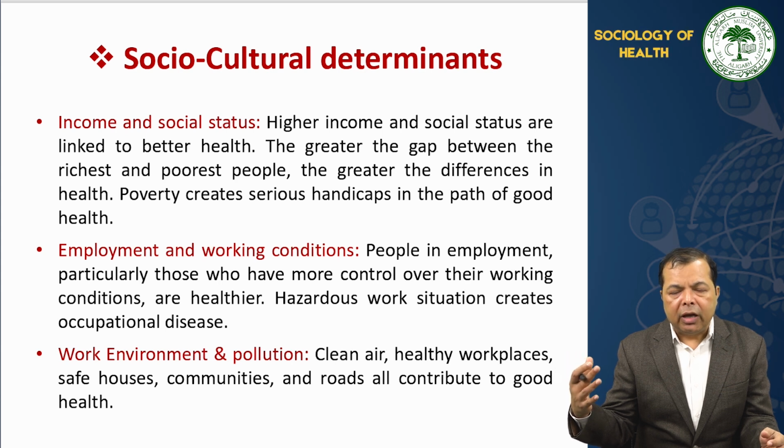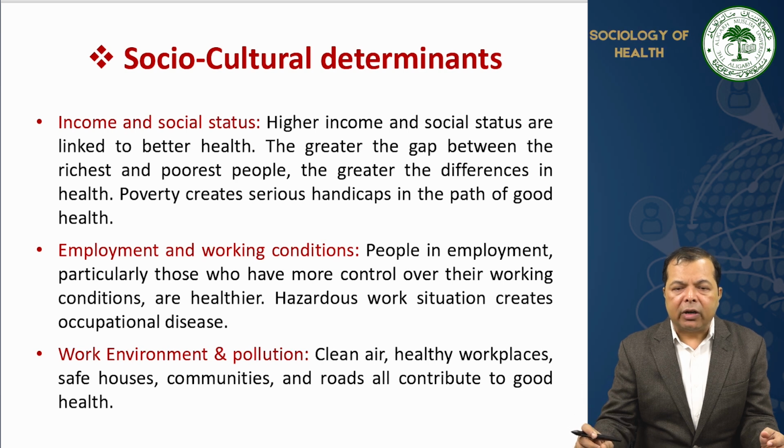So income is a very important determinant. Higher income and social status are linked to better health. The greater the gap between the richest and the poorest people, the greater the difference in health. Poverty creates serious handicaps in the path of good health, and you can relate the figures that we have seen before with these statements.